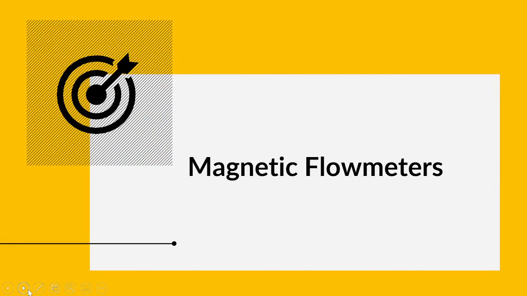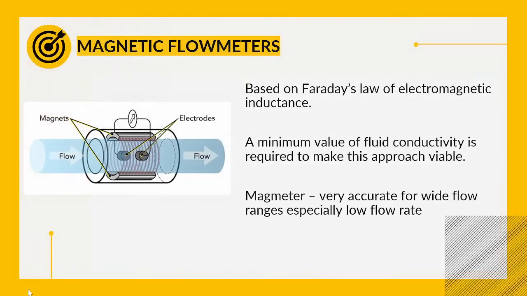Next, we have the magnetic flow meters. Magnetic flow meters follow the principle of Faraday's law of electromagnetic induction. A minimum value of fluid conductivity is required to make this approach viable. The presence of multiple phases or undissolved solids can affect the accuracy of the measurement if the velocity of the phases is different from that for a straight run pipe.